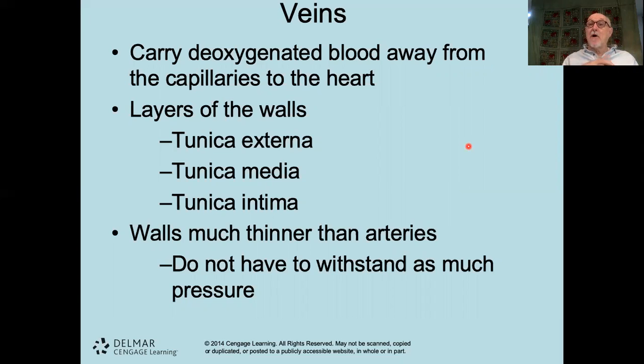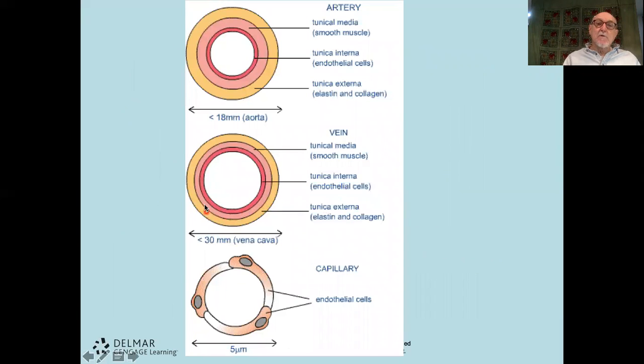The veins actually conduct oxygenated blood. But in the systemic circulation, the veins carry deoxygenated blood from those capillary beds to the heart, and that is then sent off to the lungs to be oxygenated, etc. So the veins also have the three layers: the tunica externa or adventitia, the tunica media, which is a muscular layer, and then the tunica interna.